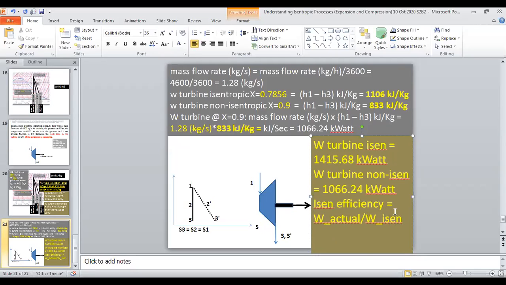So you can say this as 1066.24 divided by 1415.68.